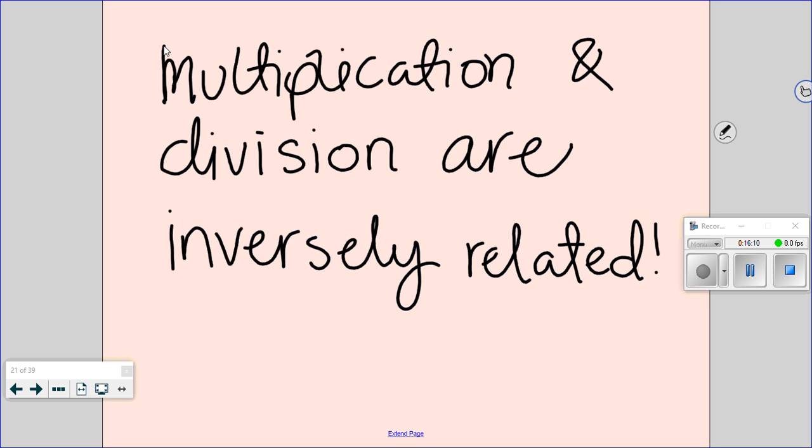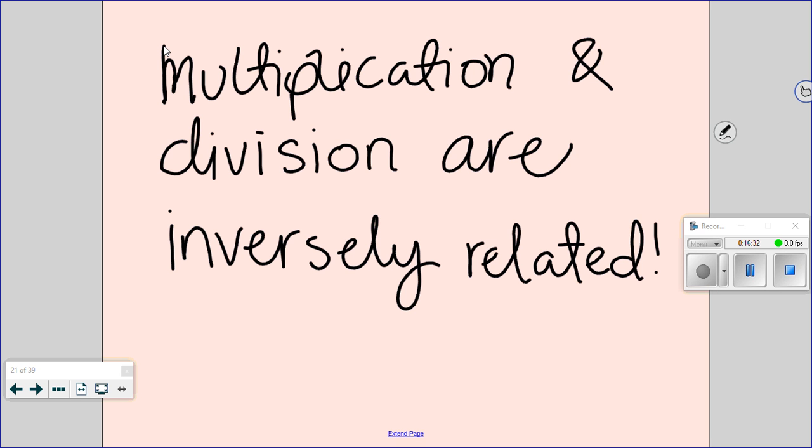It says multiplication and division are inversely related. What does that mean? Inversely. Very fancy word. You're writing that sentence.